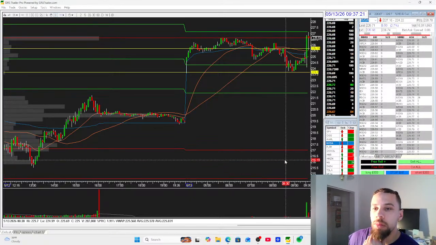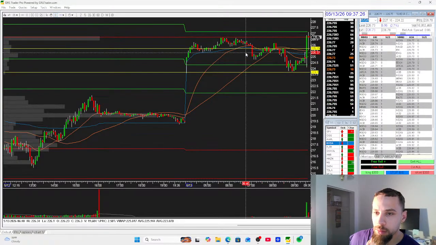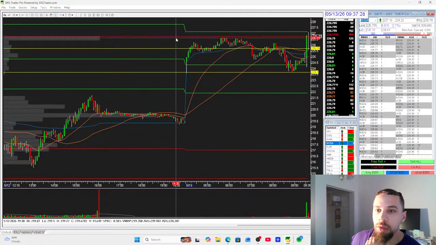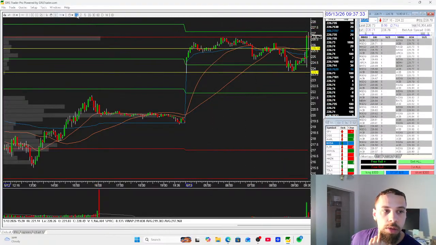Nvidia turning back up here, so really seems like it wants to go. 228, good size orders there.